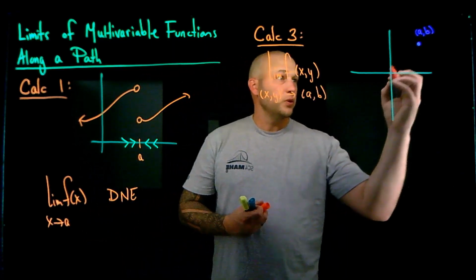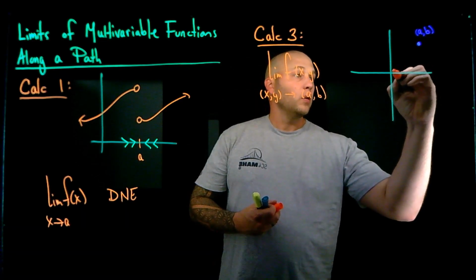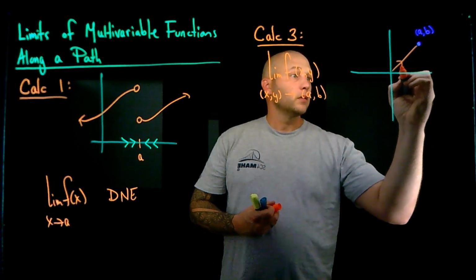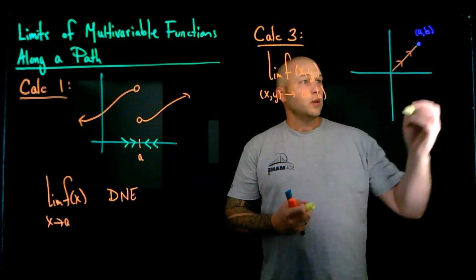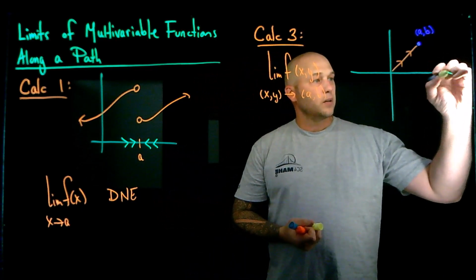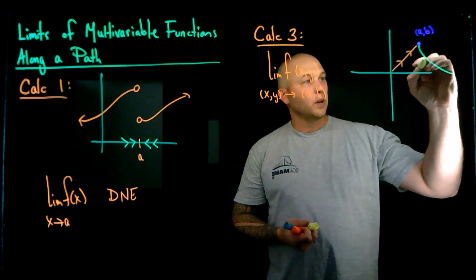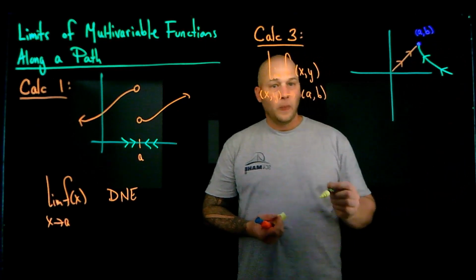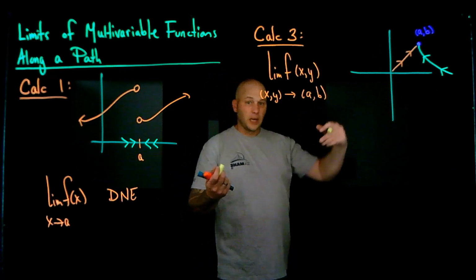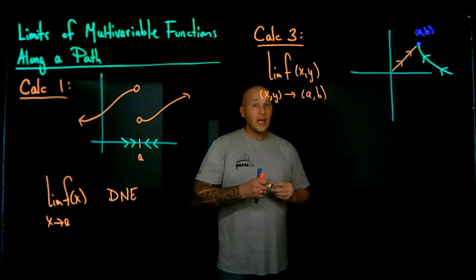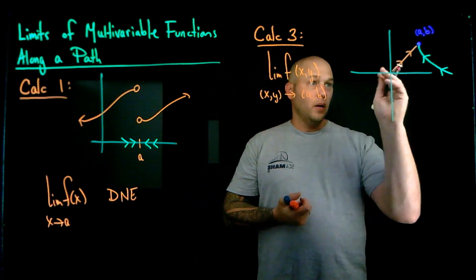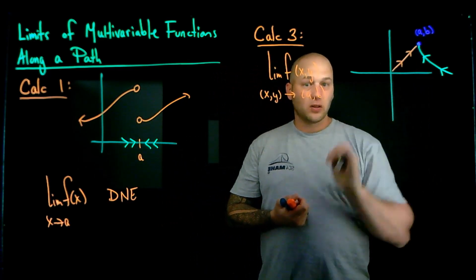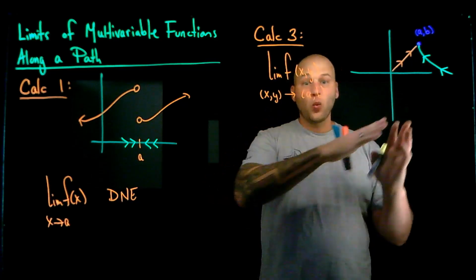Well, they could approach it certainly by a straight line. They could approach it using some sort of, say, parabola. We could use a trig function, exponential function, logarithmic function. Any function that gives me a graph that passes through that point, that's a way that we can approach it.